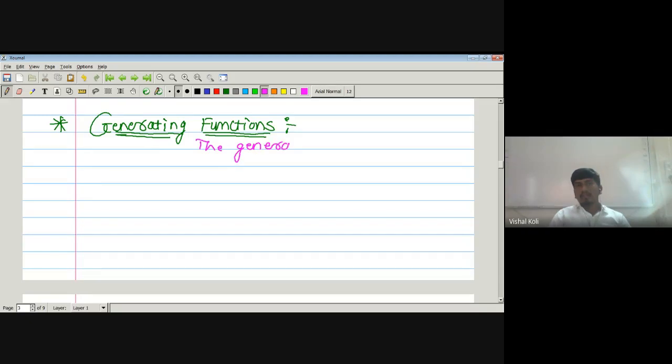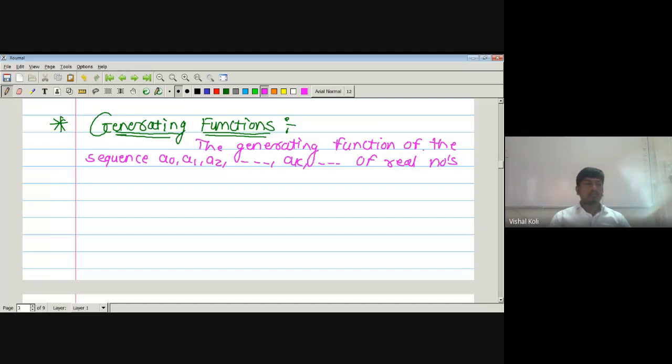The generating function of the sequence a0, a1, a2, up to so on ak and so on, of real numbers is an infinite series.